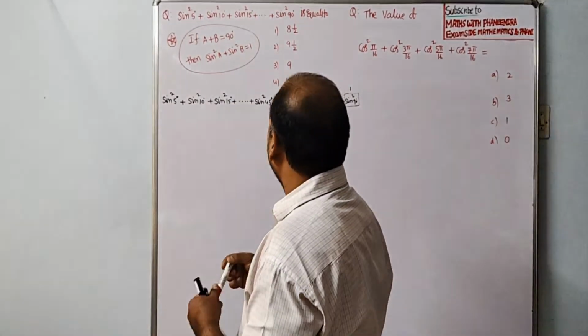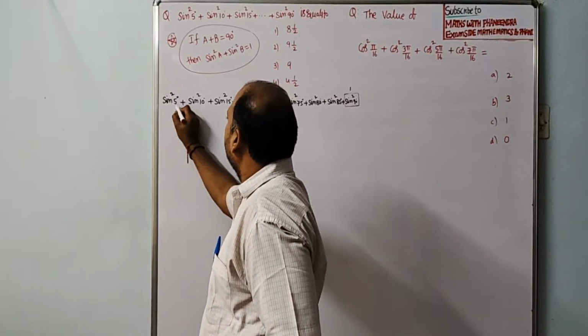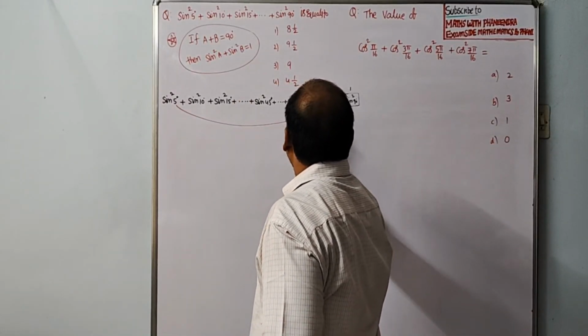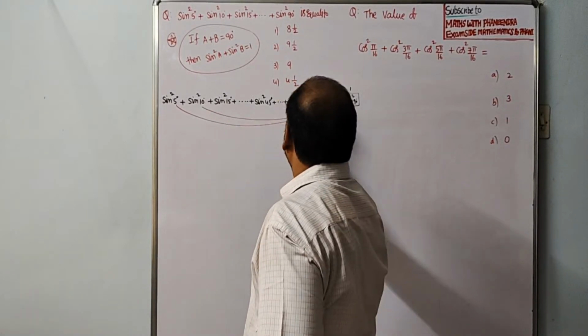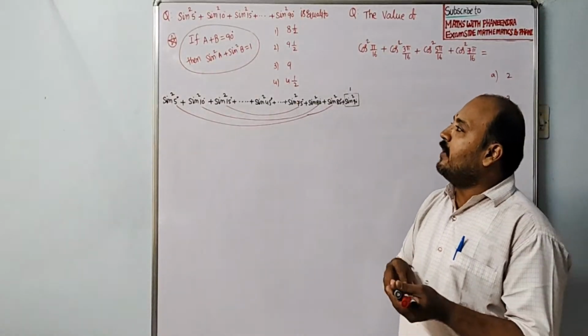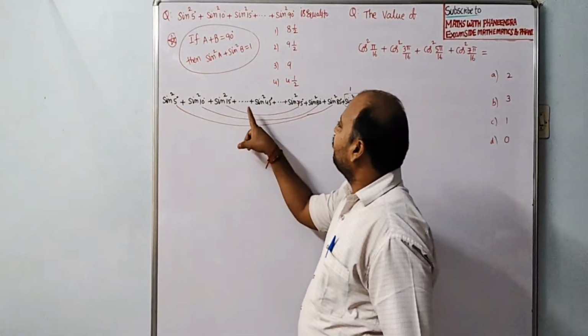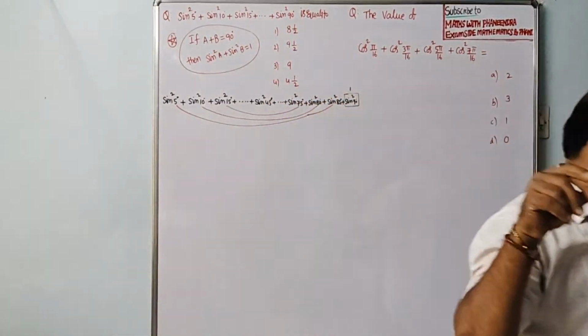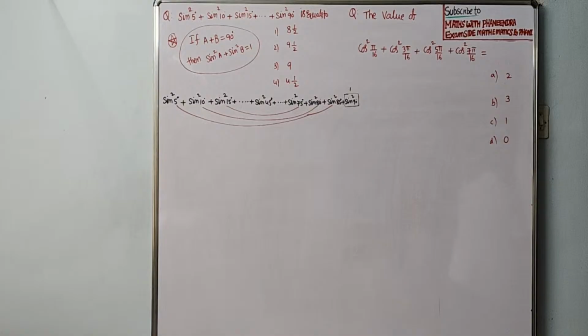Here also we are going to pair them: these two, next these two, next these two. Like this, how many pairs are there till sin square 40 and sin square 50? 8 pairs are there, dear students.